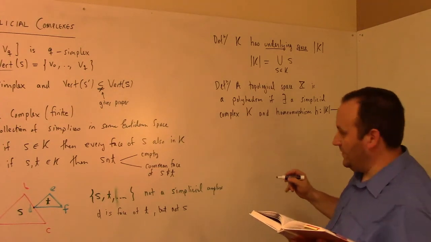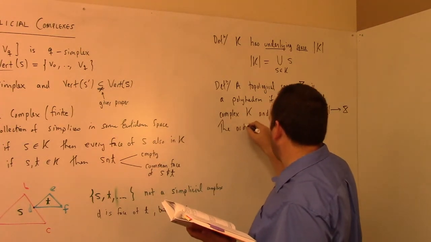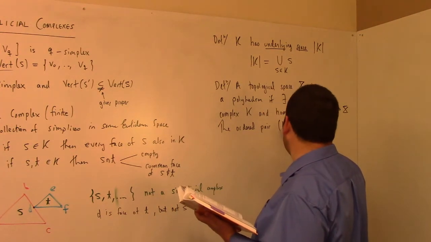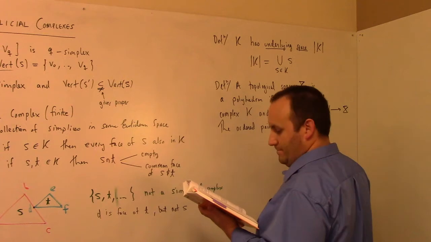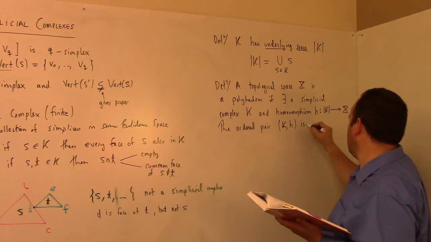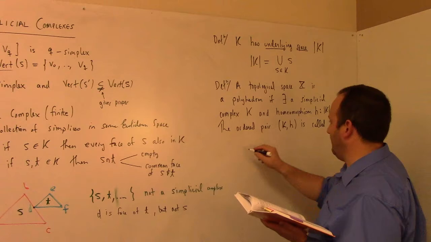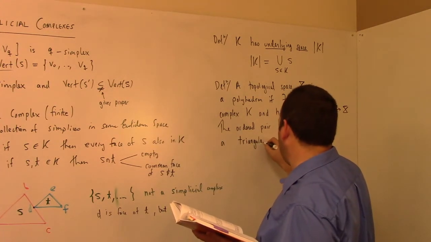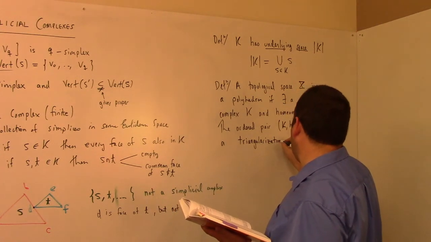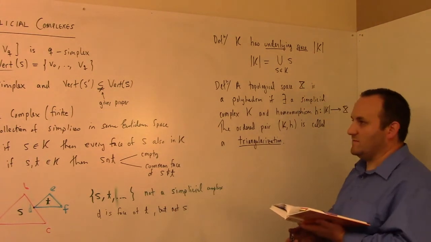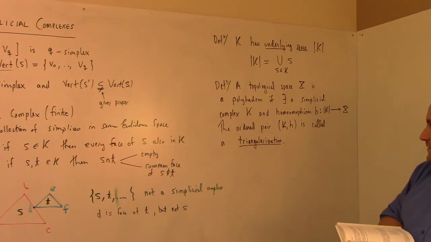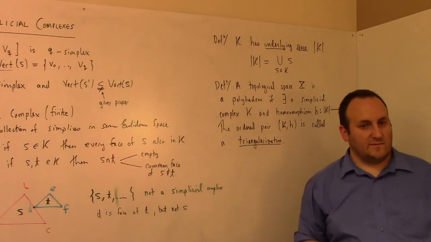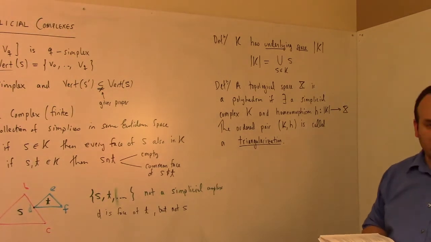Then the ordered pair K, H is called what? Now, as we've discussed some in our previous discussions of what the big picture is here, there is a special sort of universe of topological spaces which allow triangulations.